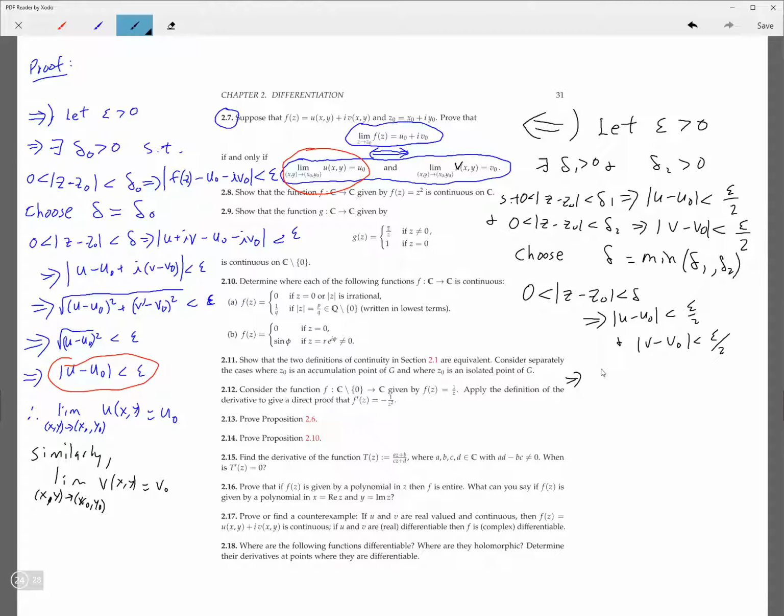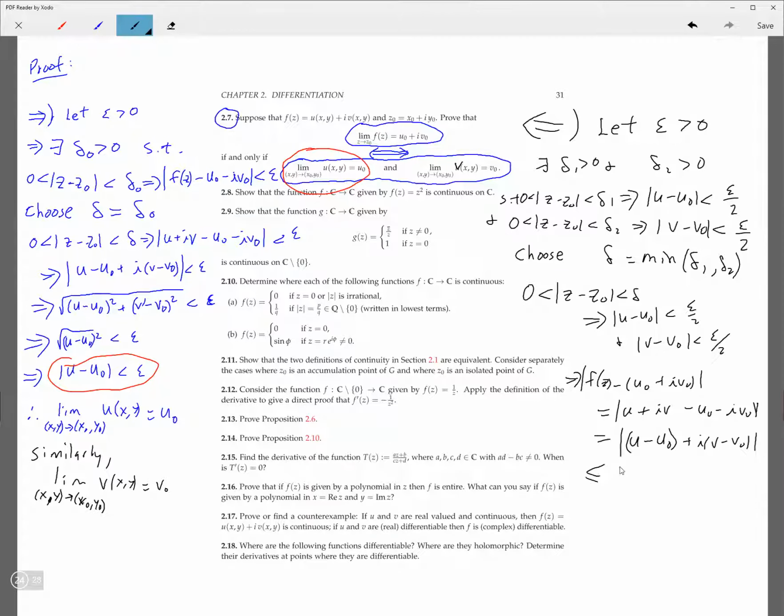Okay, and that implies that if you take f of z minus u naught plus i v naught, that is equal to, well, f is u plus iv. You get that? And that's going to be equal to u minus u naught plus i times v minus v naught.